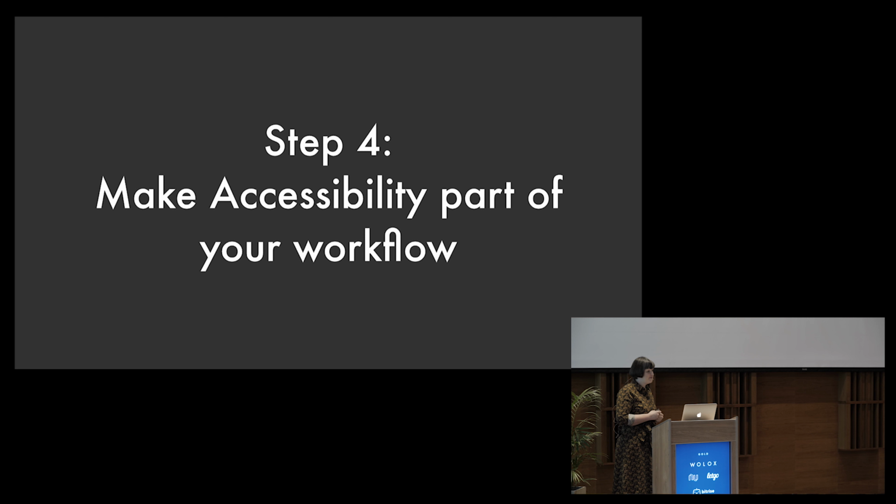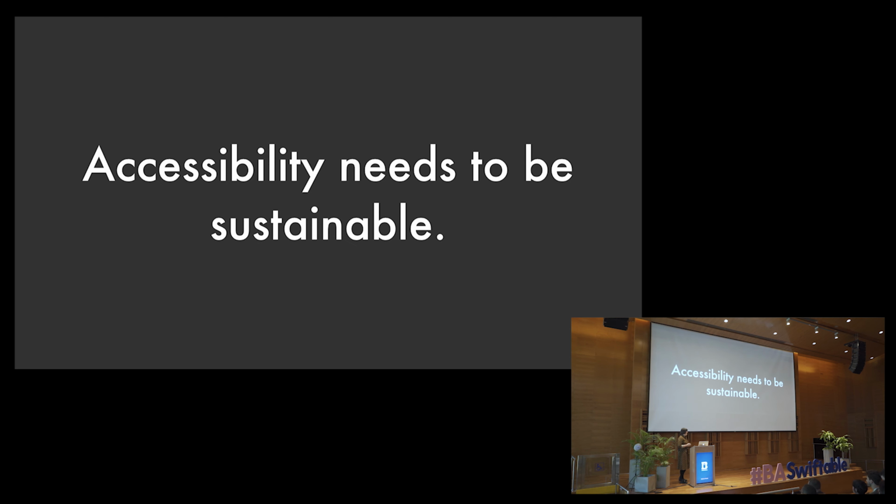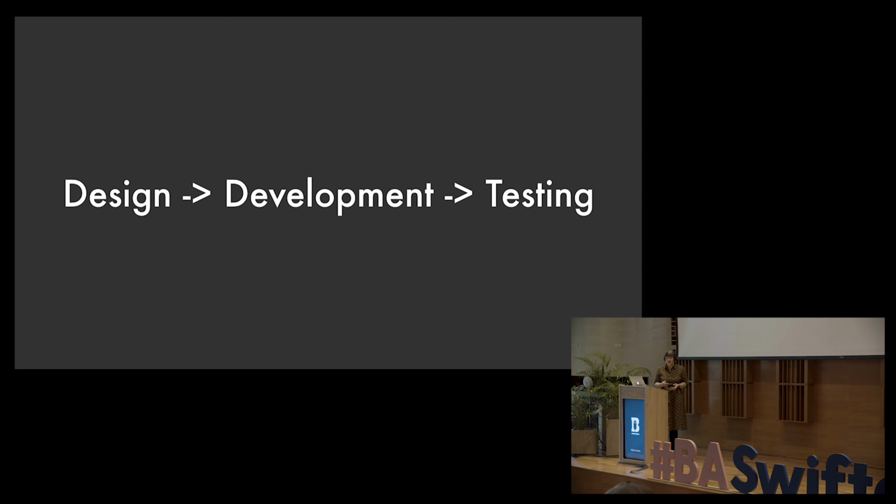So finally, making accessibility part of your workflow. Accessibility needs to be sustainable. It can't just be this massive thing that you're constantly battling. You need to make sure that you can actually get it working every day for you. So it's important that it's part of every phase. It should be thought about in design, in development, and in testing.